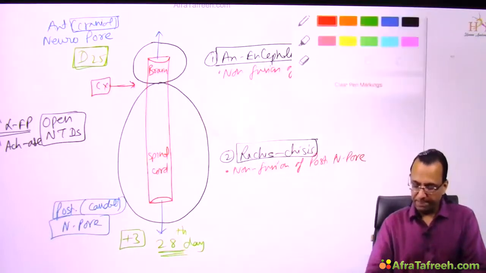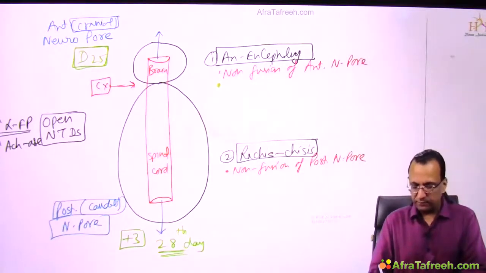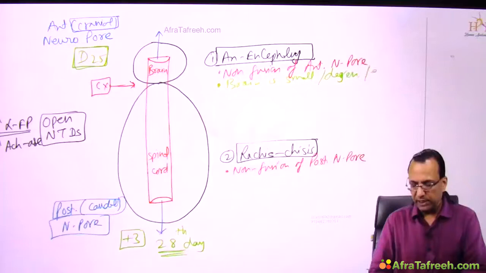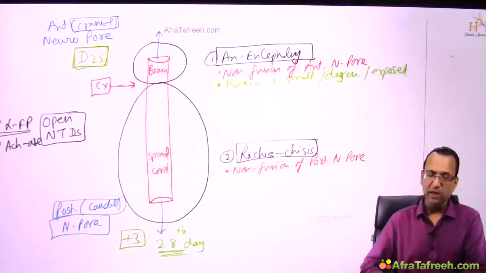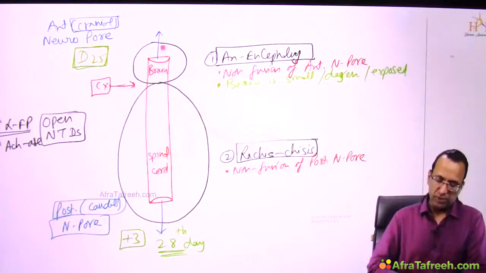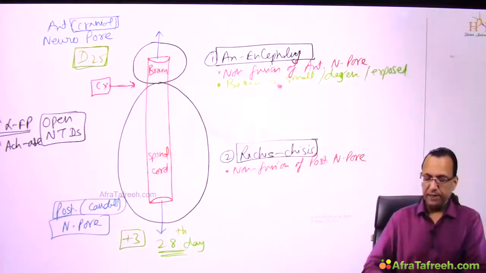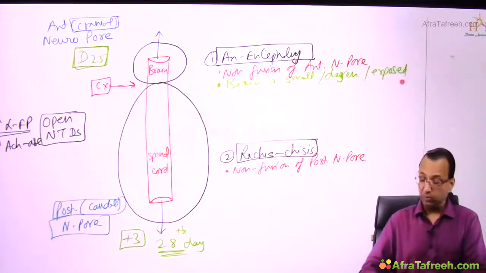You find that in anencephaly, the brain is small and degenerated because it is exposed outside. But why is it exposed, and who is degenerating it? First of all, the brain is small and it is degenerated by amniotic fluid, because it is exposed to amniotic fluid.